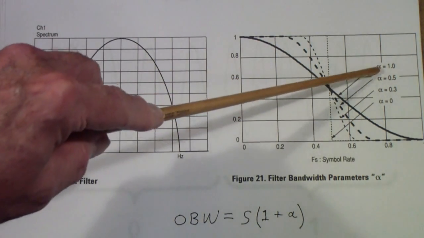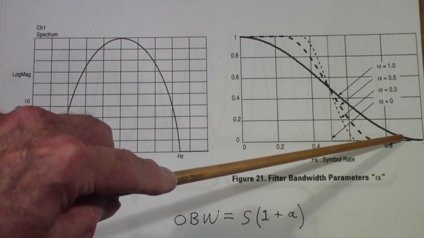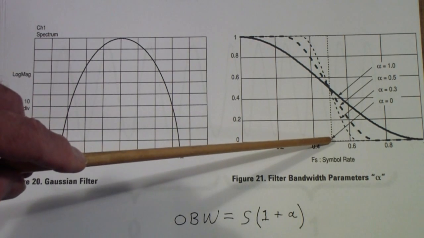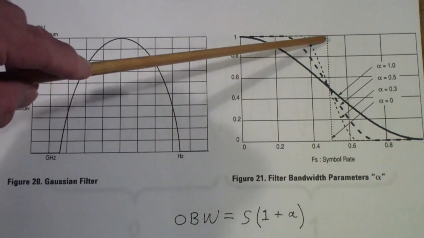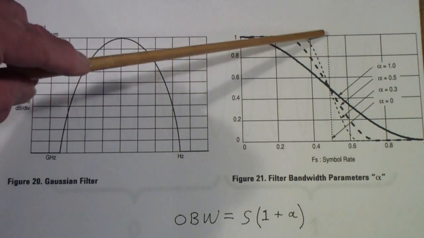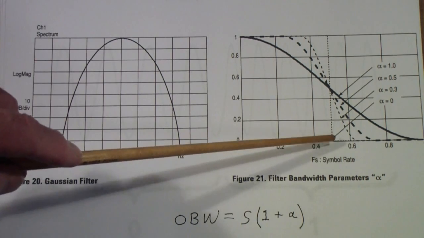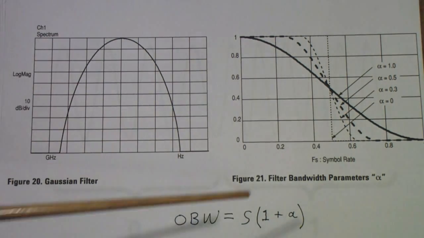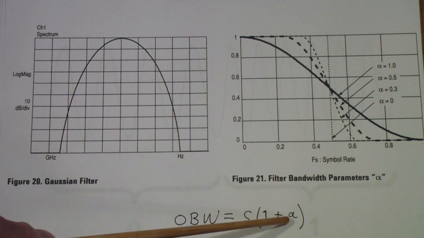As you lower alpha, the tail begins to move inward until eventually, if you have alpha equal to 0, you get what some people call a brick wall filter. In other words, a filter that just completely cuts off at one frequency and passes nothing else above it. The occupied bandwidth of the resulting signal is a function of alpha.